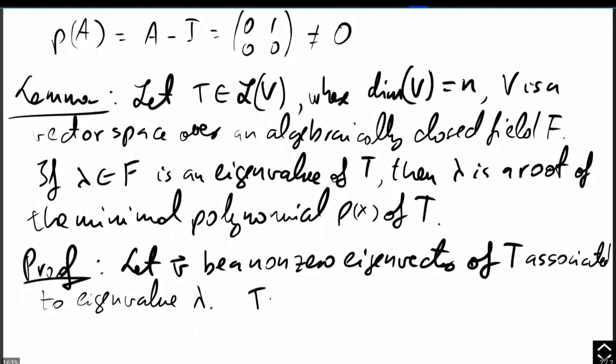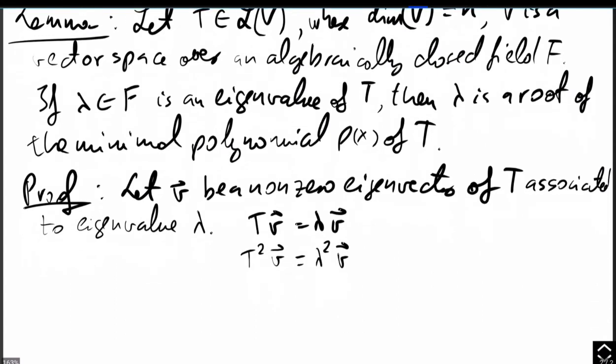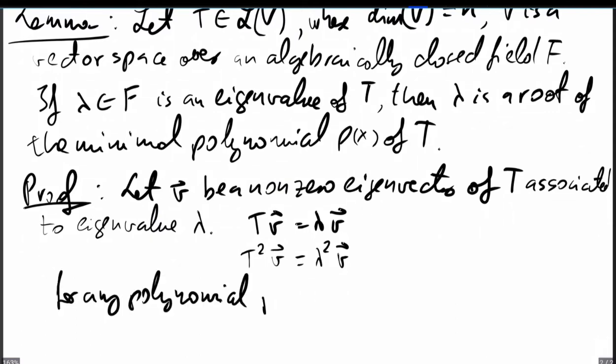So what we have is that TV is lambda V. We also have that, for example, T squared V is lambda squared V. And then in general, for any polynomial P, we have that P of T applied to V equals P of lambda times V, because of the linearity of T and this property that if we apply T several times, you multiply it with a scalar. So basically if you have a polynomial in T, after you apply it, you get a polynomial in lambda.